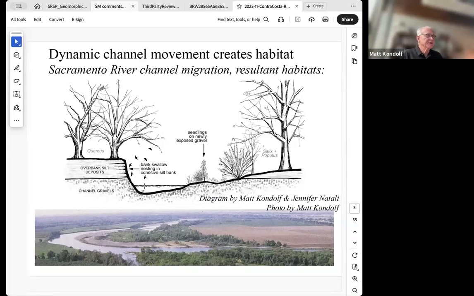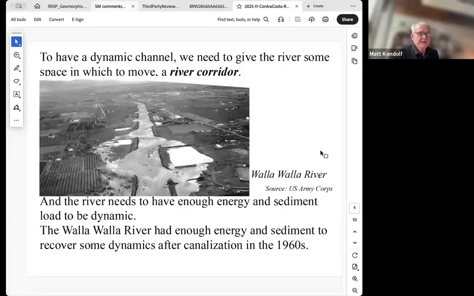So the dimensions of the channel will probably stay more or less the same as it migrates across the bottomland. But on the opposite bank, it's building a point bar, which is then a suitable surface for colonization by pioneer plants. So it's this dynamic movement of the channel that gives us a lot of the complexity that we're really after in river restoration projects.